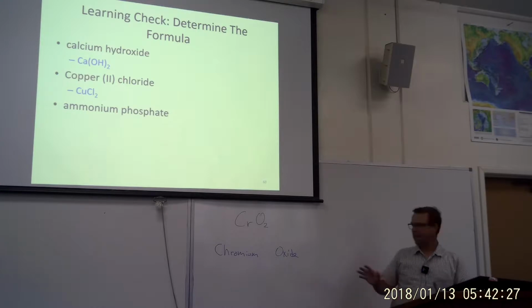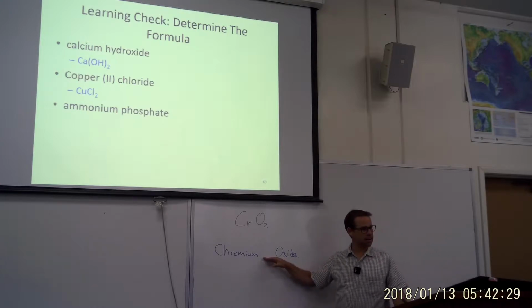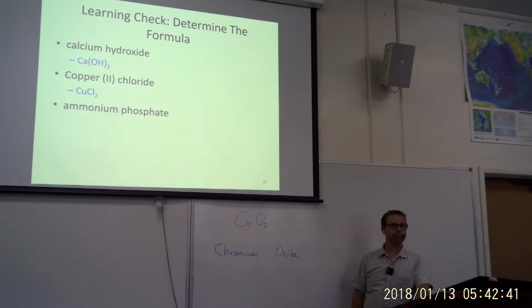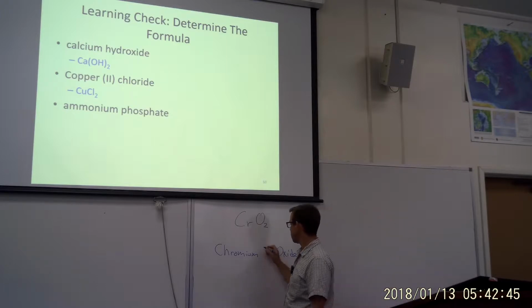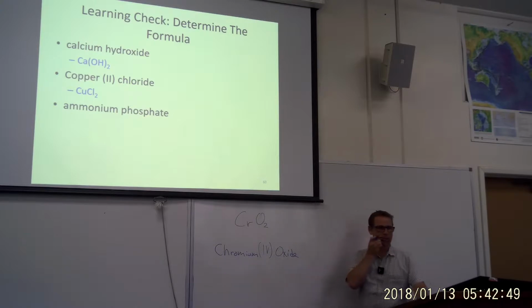So what is that number supposed to be telling us? Does it tell us how many oxygens there are on the chromium? No. It's going to tell us the charge on the chromium. What is the charge on this chromium ion right here? It's a plus 4. So this is called chromium 4 oxide.